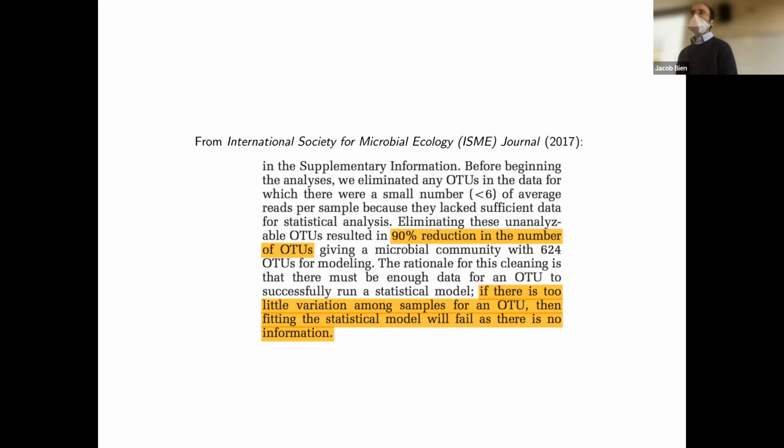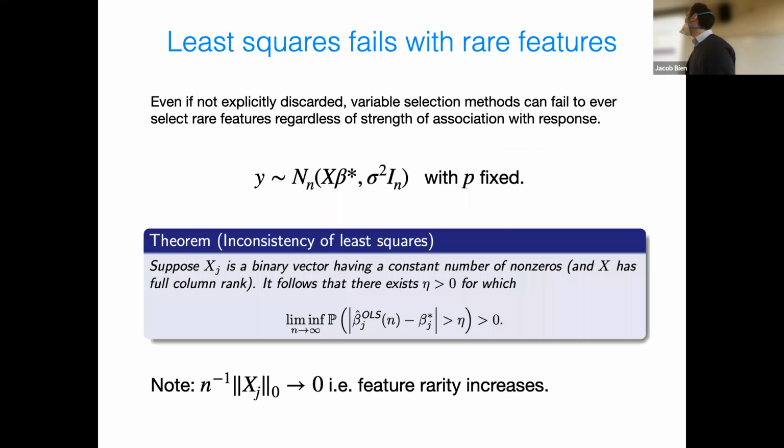To do that, we started by looking at the simplest situation, or the statistician's favorite thing to think about, which is least squares. So what do we do? Well, let's imagine we have y that comes from this linear model, and we're going to let p be fixed.